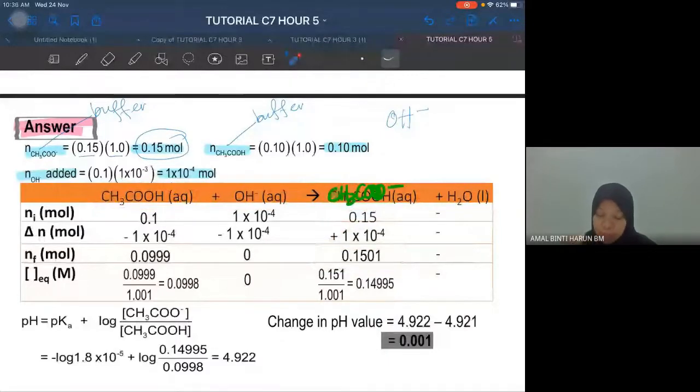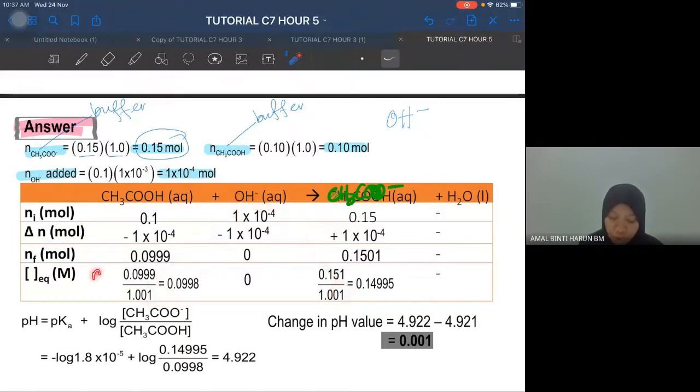Okay, so since kita dah dapat concentration of weak acid and weak base dalam solution buffer tu, so kita cari molarity dia. The number of mole over the new volume. Kenapa volume dia daripada 1 liter ni menjadi 1.001? Because this is the volume of the OH minus.